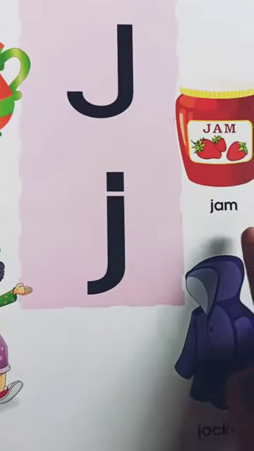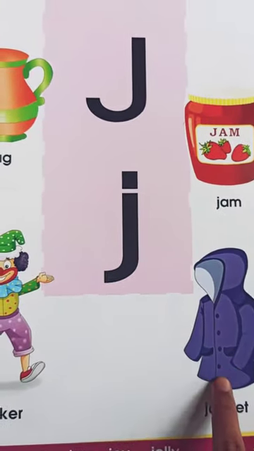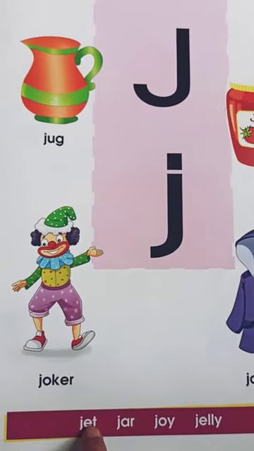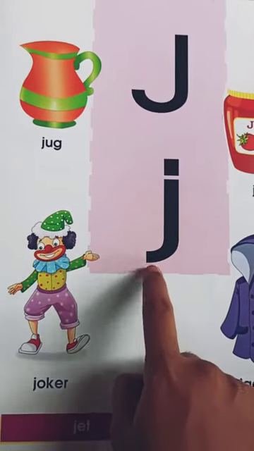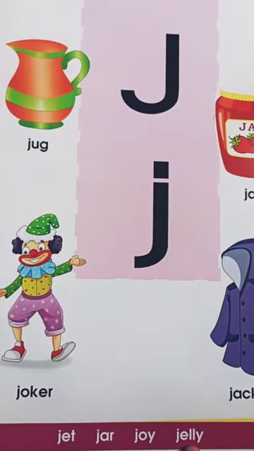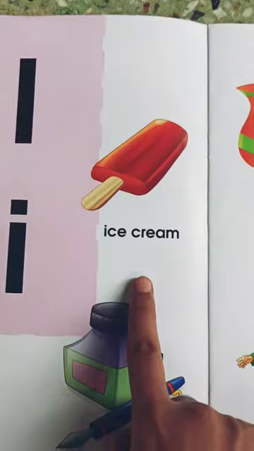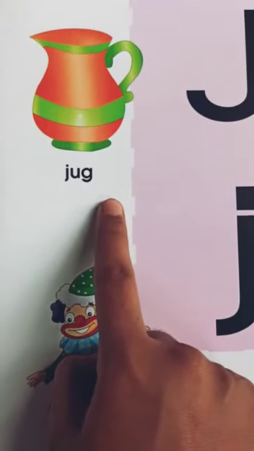J for jam. J for jacket. J for jet. J for jar. J for joy. And J for jelly. I for ice cream. J for jug.